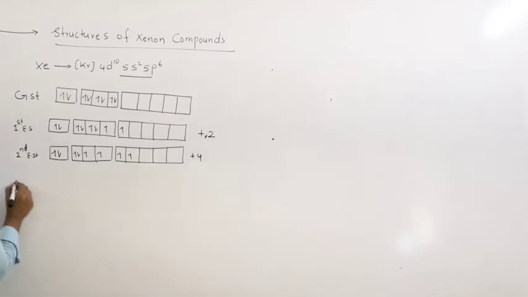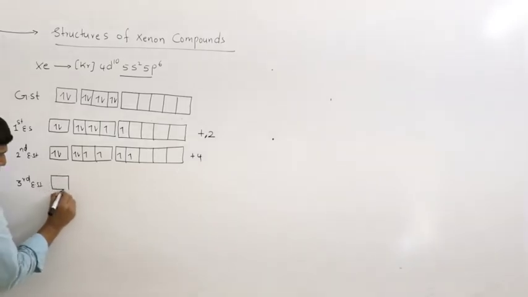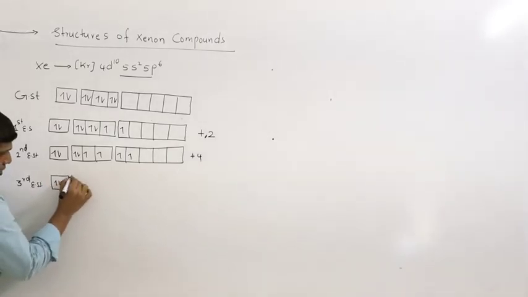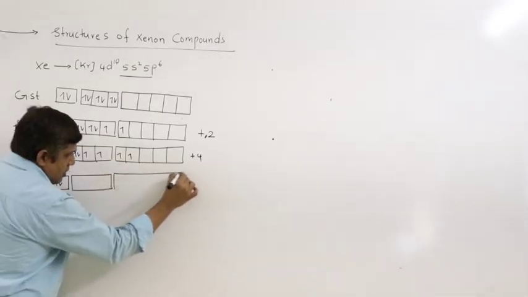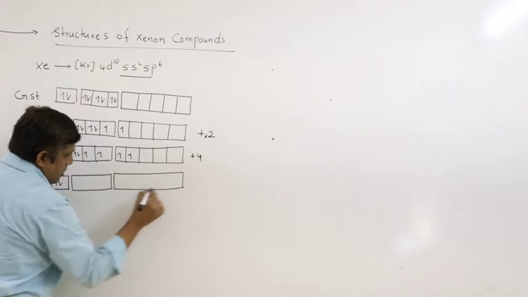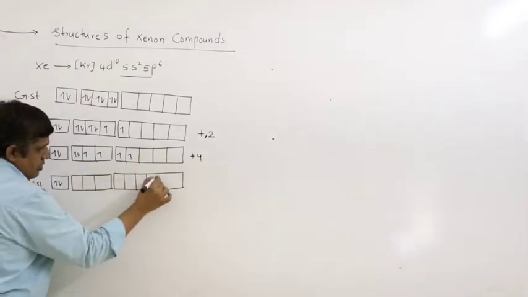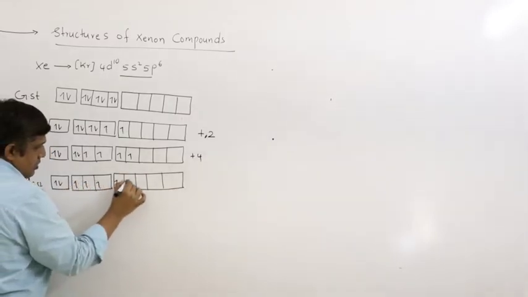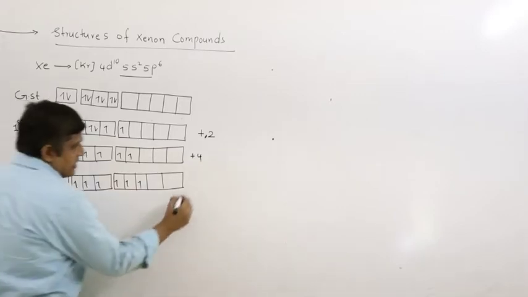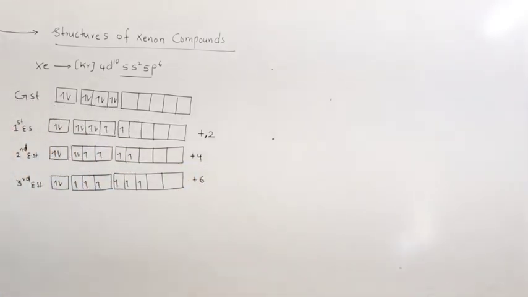Coming to the third excited state, there are 6 unpaired electrons. So the possible oxidation state is +6.